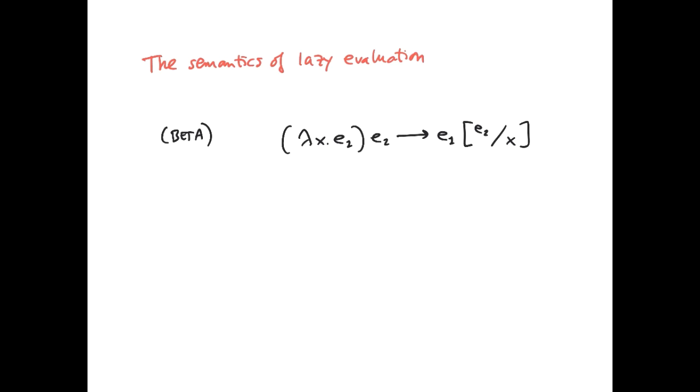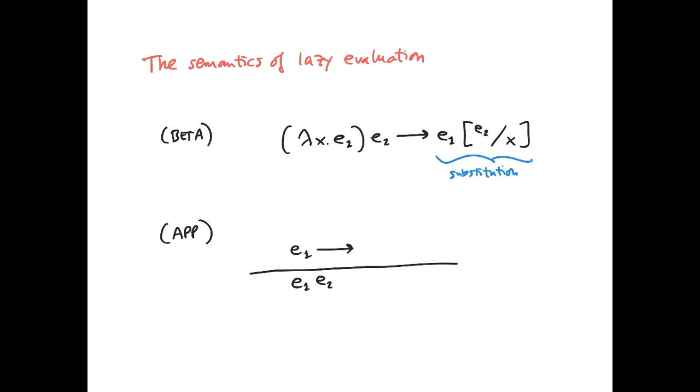This is substitution. But to define lazy evaluation, we need a further rule for application, namely one that says whenever we have an application e1 e2, then this can only reduce if e1 can reduce to some e1 prime, and then the whole application reduces to e1 prime e2.